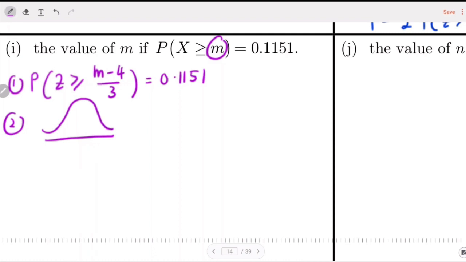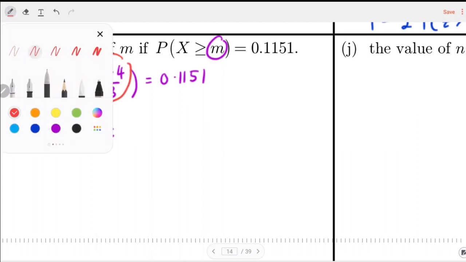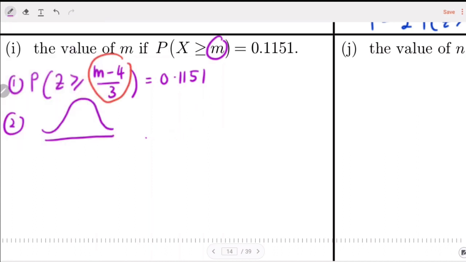But since our Z is unknown, I'm going to sketch 2 different bell shapes to decide which one is correct. So I test one of the values, I put it on the left side, and the other one I try to put it on the right side.